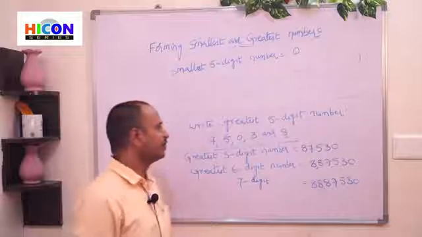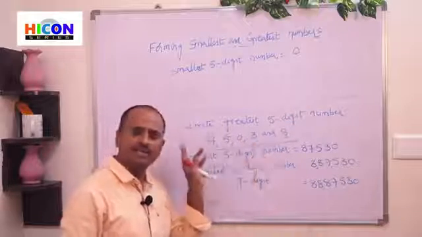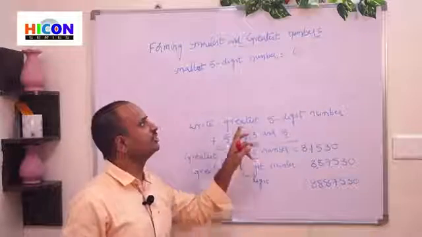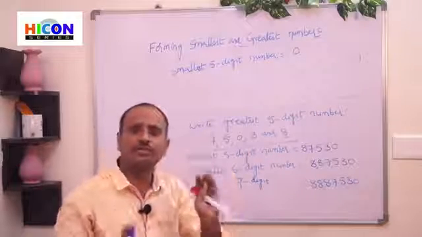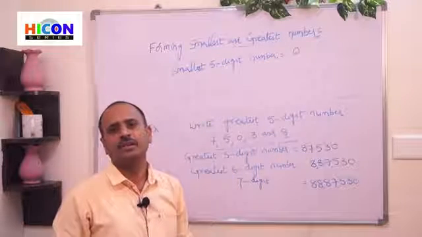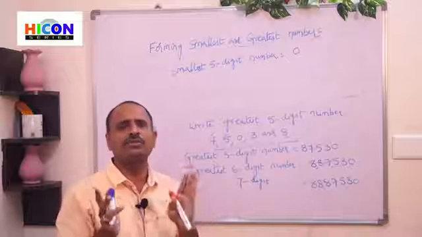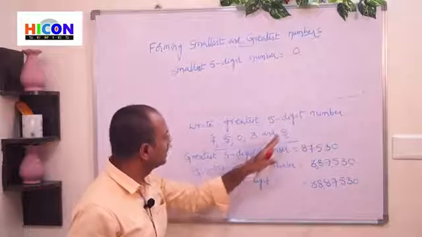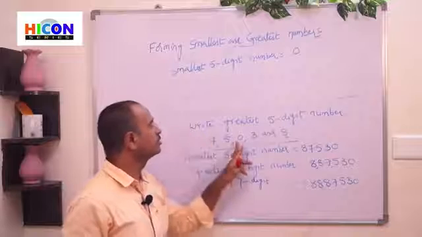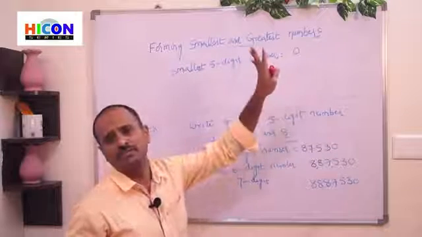If any number starts with 0, it has no meaning. That's why, while arranging the given digits in ascending order, 0 should not be written first.